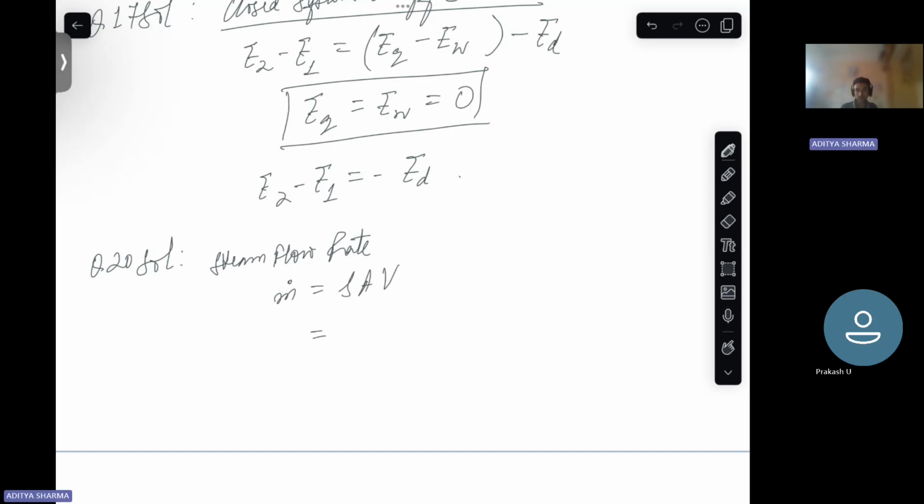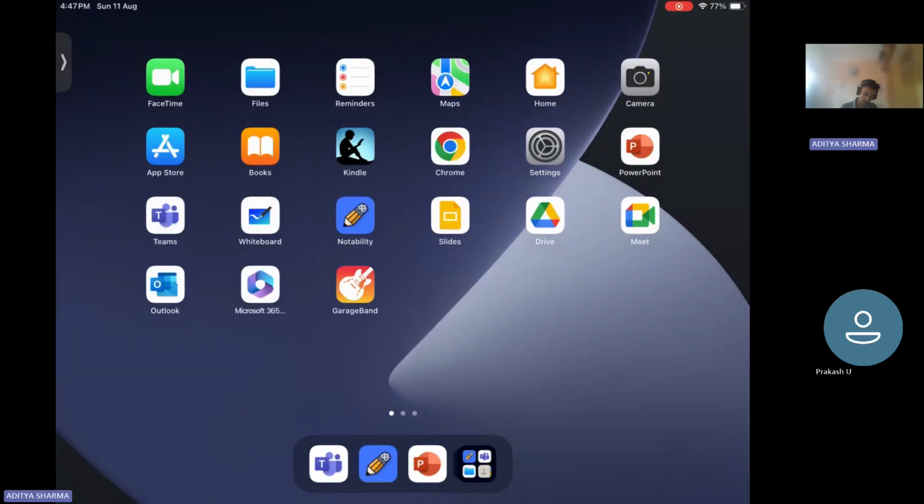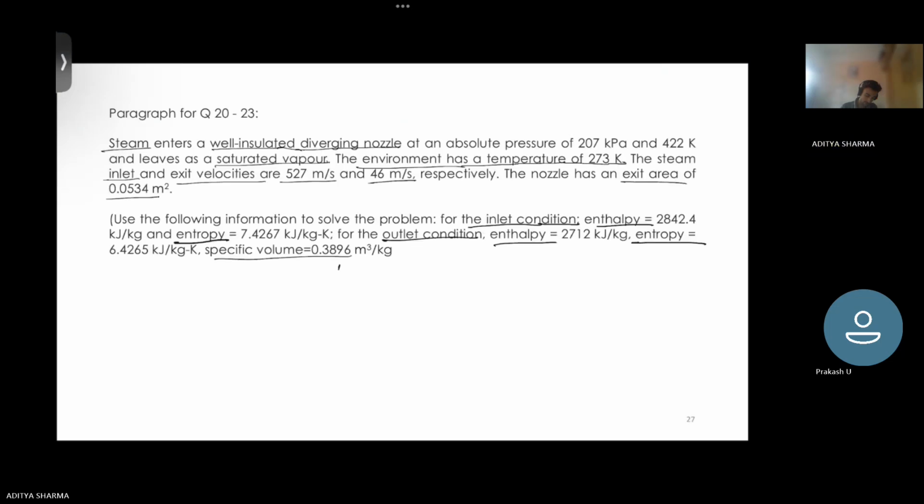Rho can also be written in terms of specific volume, AV by nu, right? And for our case, the exit area is given. Velocity at the exit is also given. And then the specific volume is also given, right? If you see, specific volume is given here.